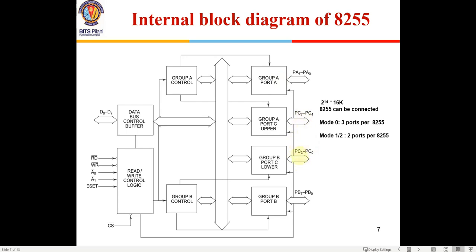So this port A will essentially have a total of 16 pins, 8 pins for data transfer and the other 8 pins for handshaking. So it is known as bidirectional handshaking. We'll see the handshaking signals in the next class. Right now we just have to understand there are 3 modes of operation.